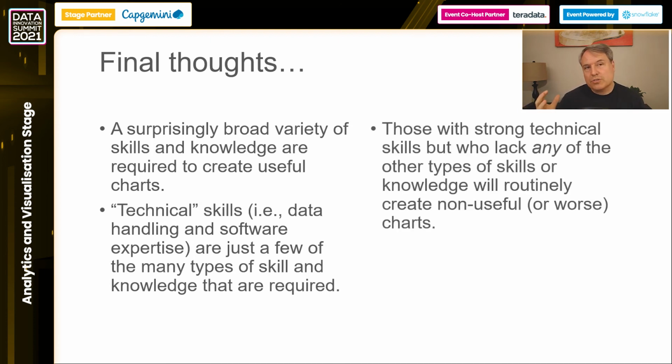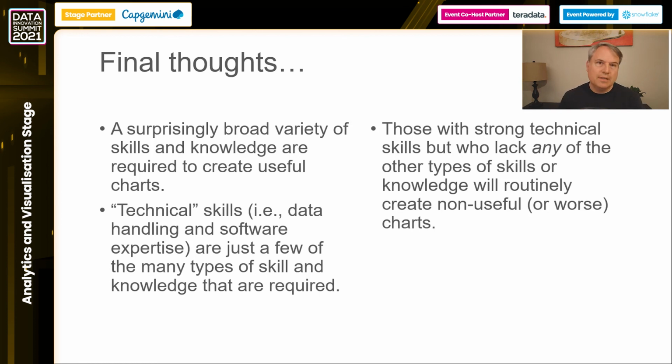And those with strong technical skills, expert software users, expert data wranglers, but who lack any one of the other types of skills or knowledge, are going to routinely produce charts that are not useful, or worse, misleading, or where important insights simply don't make it.